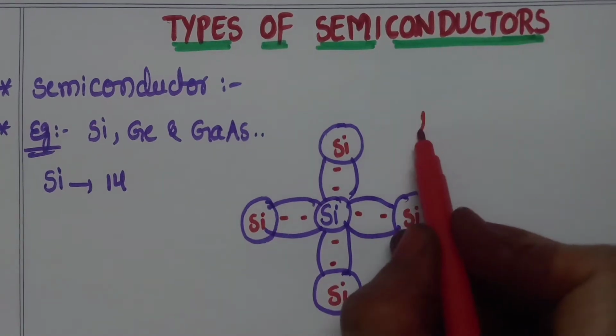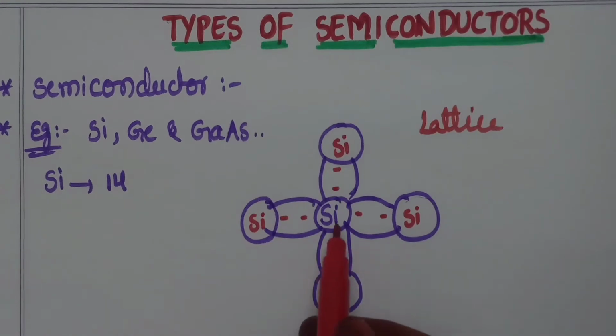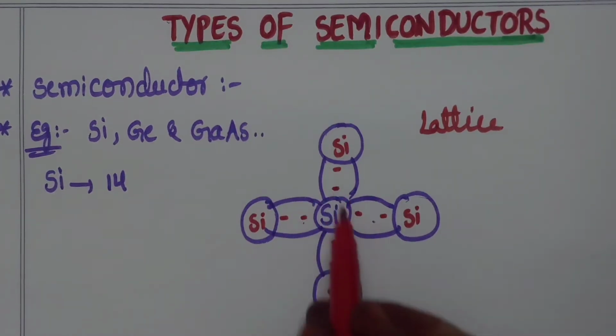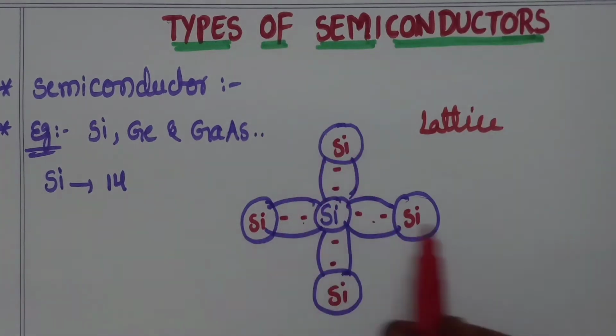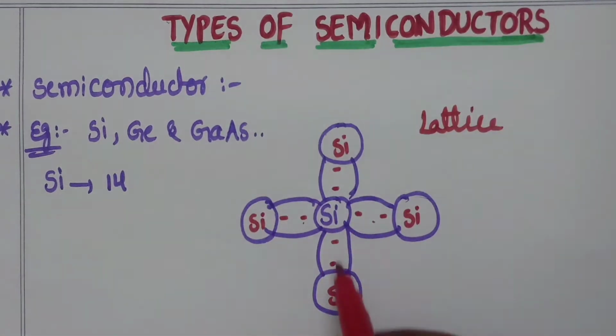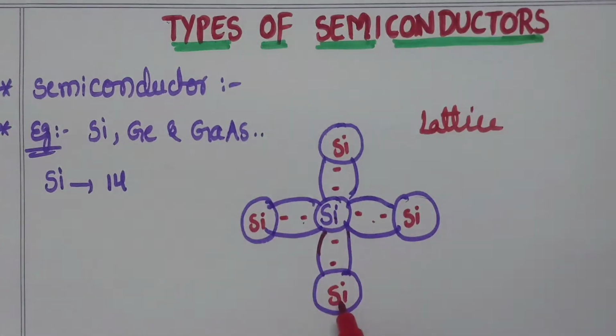This structure is called a lattice. Each silicon atom here has 4 valence electrons, 1, 2, 3, 4. These 4 valence electrons are shared further by 4 silicon atoms again. This structure forms the covalent bonds between the 2 atoms. Means there exists a covalent bond between all the 4 silicon atoms present.